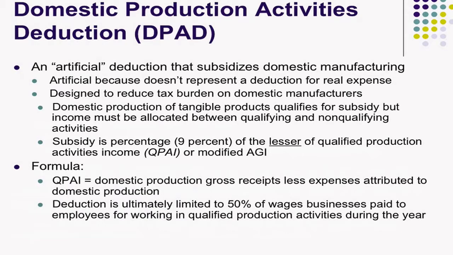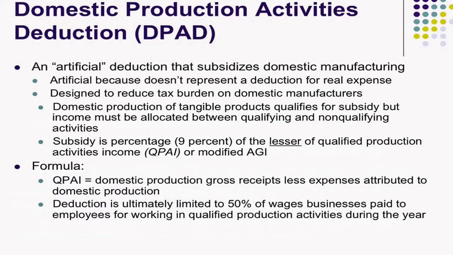Let's say somebody in marketing, if part of their activities are somehow related to your production, you have to take part of their salary and allocate it to the production and use that as part of what goes into the calculations for QPI.